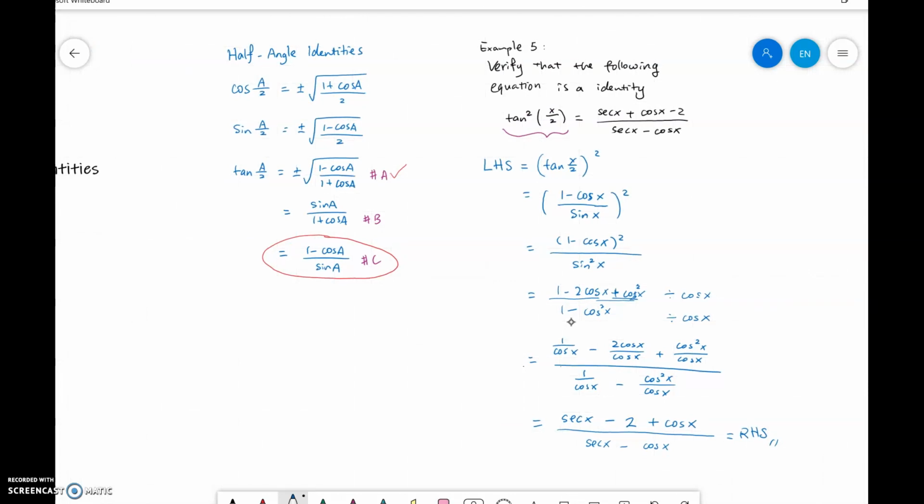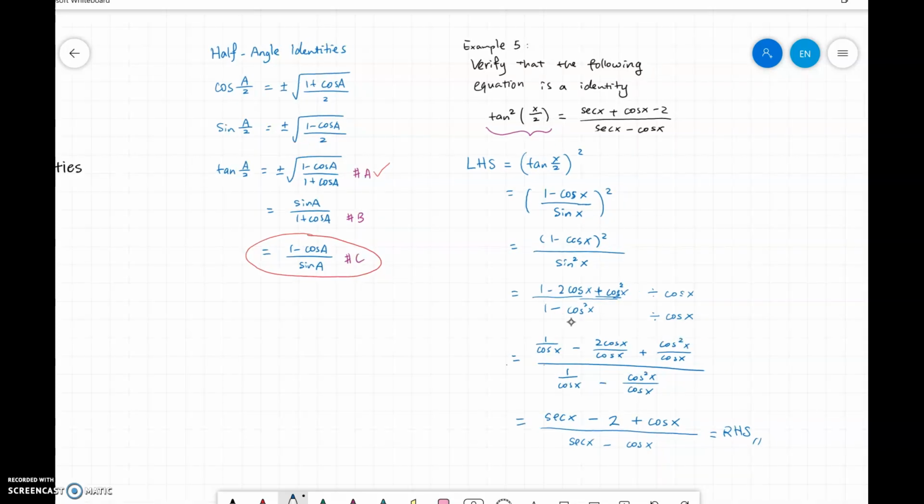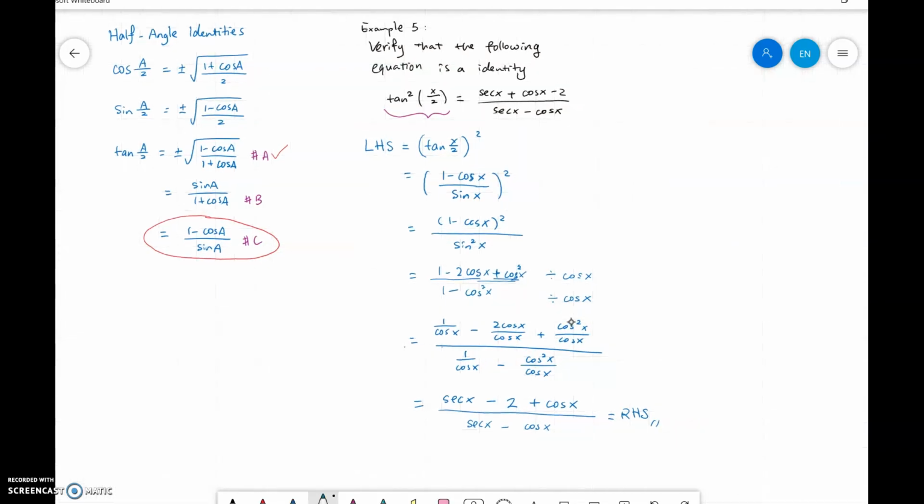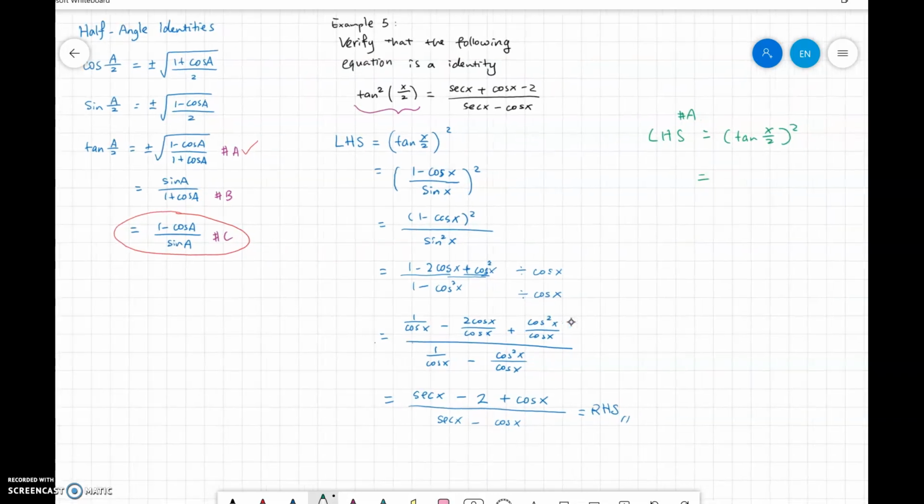Okay, so just in case you feel like, I do not know which equation to choose, can I just randomly pick one? Yes, you can randomly pick one. For example, I'm using a green one. I'm just going to use equation A because that's the first one.